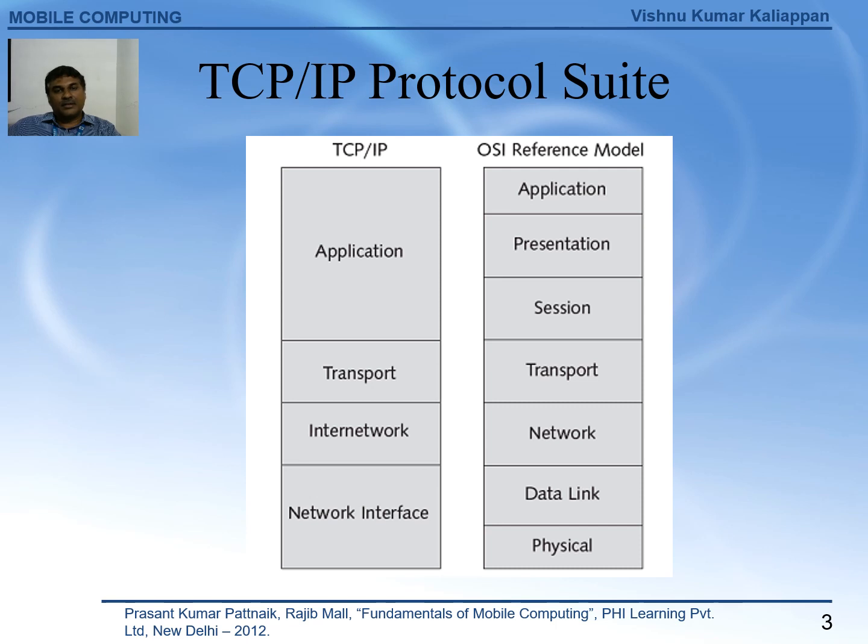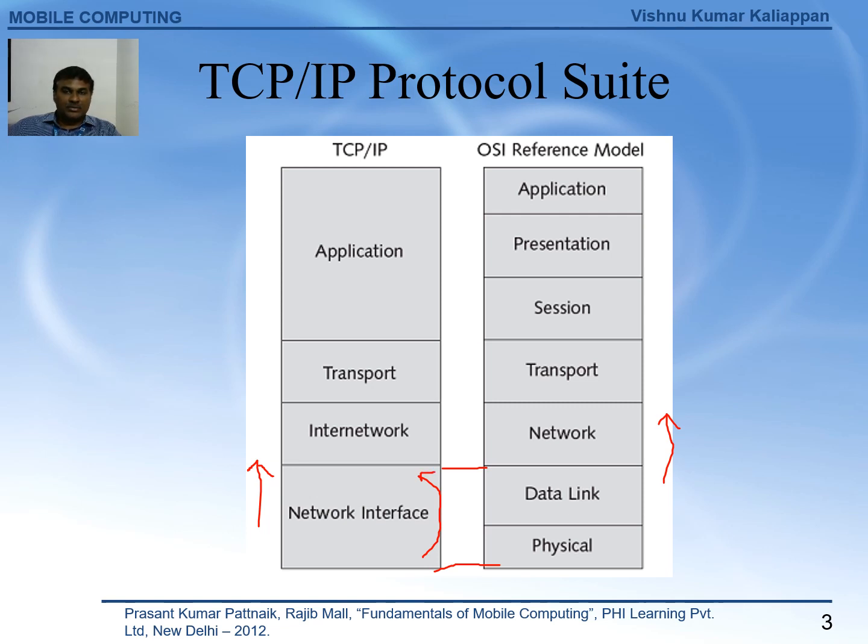When you see this diagram, the left side deals with TCP/IP and the right side is the OSI model. The difference between TCP/IP and the OSI model is that the data link layer and the physical layer together we call the network interface.